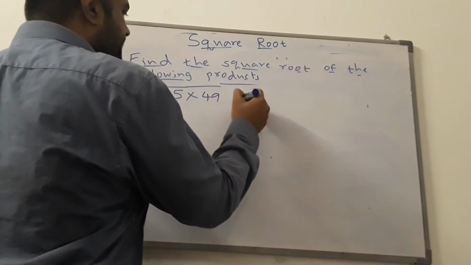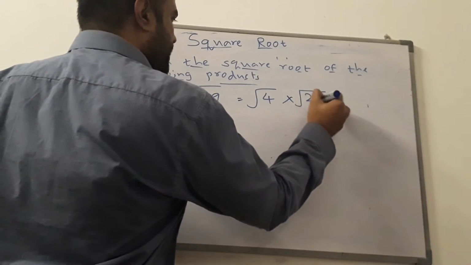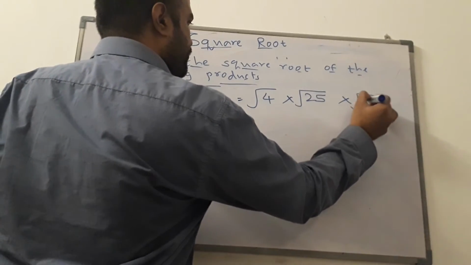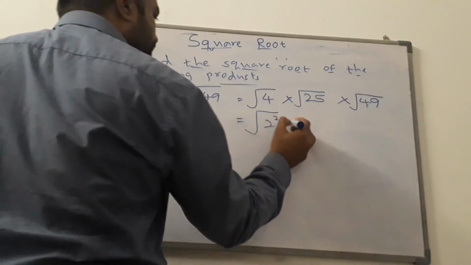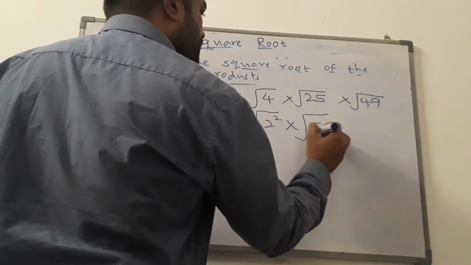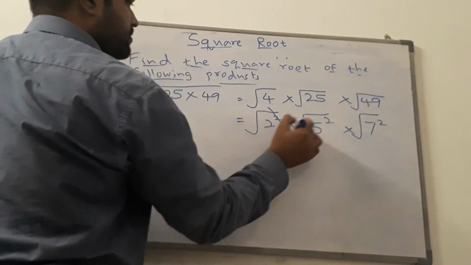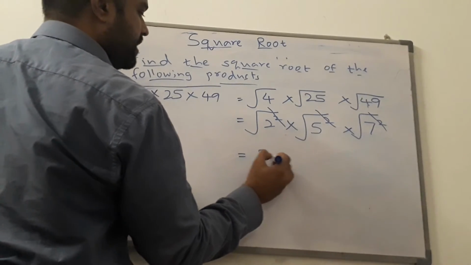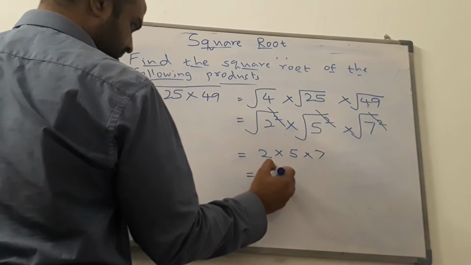So we can break it like this: 4 times 25 times 49. 4 means 2 squared, 25 means 5 squared, 49 means 7 squared. Root and square get cancelled, so it will be 2 times 5 times 7. 2 times 5 is 10, 10 times 7 is 70.